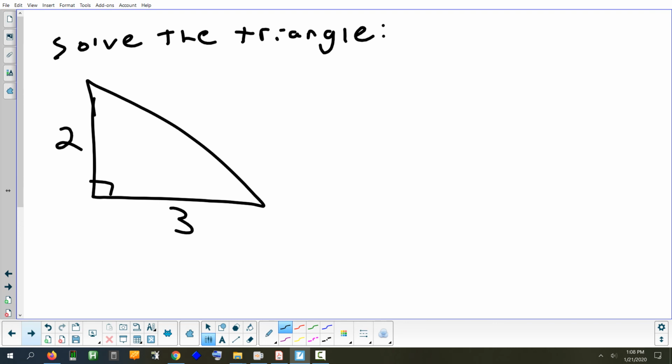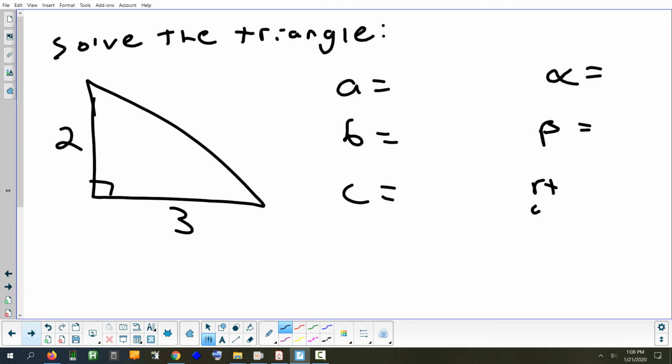All right, so first thing I usually do once I have my diagram is make a table. A, B, C will represent the 3 sides. Alpha, beta, and the right angle will be my 3 angles. Now, for the right angle, there's nothing to find. We already know it's 90.